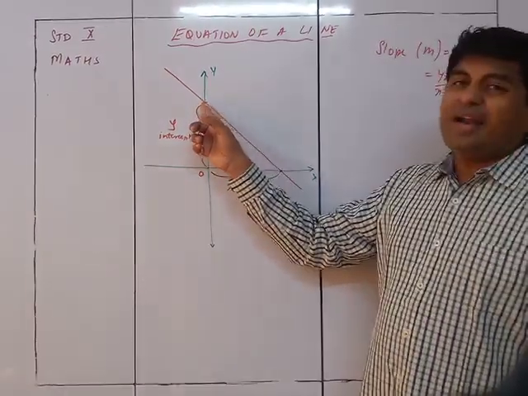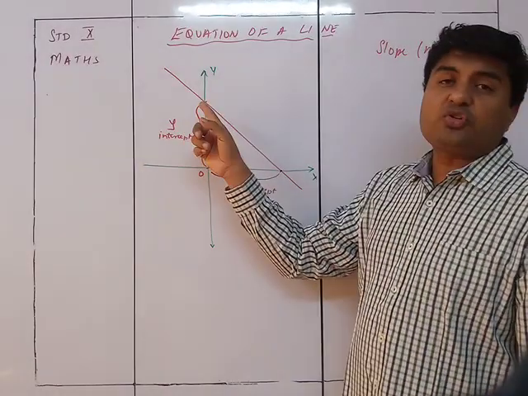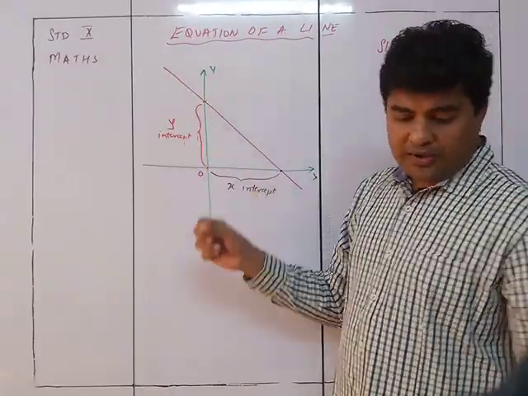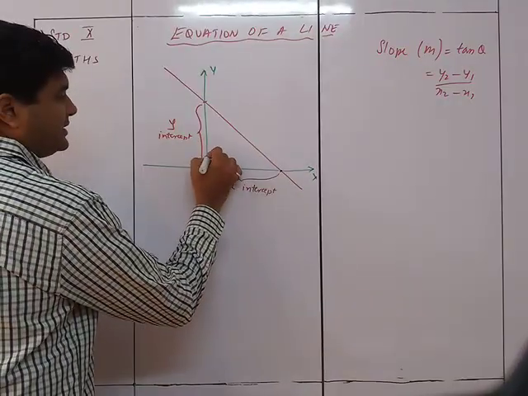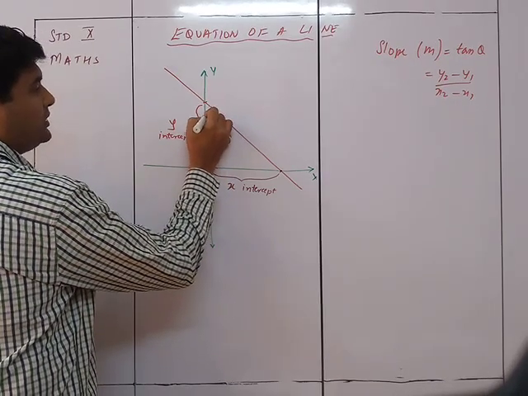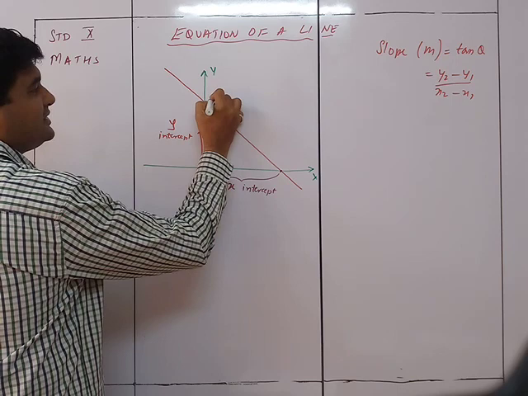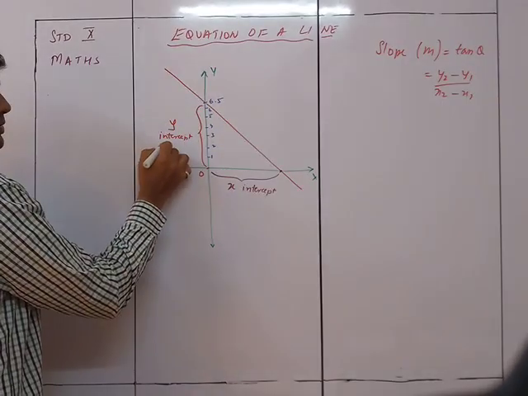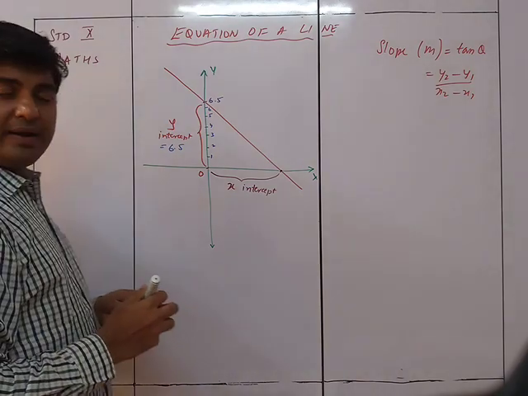Similarly, the point at which the line cuts the y-axis is called the y-intercept. If I have these markings over here, suppose this is 1, this is 2, this is 3, this is 4, this is 5, this is 6, and suppose this point over here is, let's say, 6.5, then my y-intercept will be 6.5. Understood?